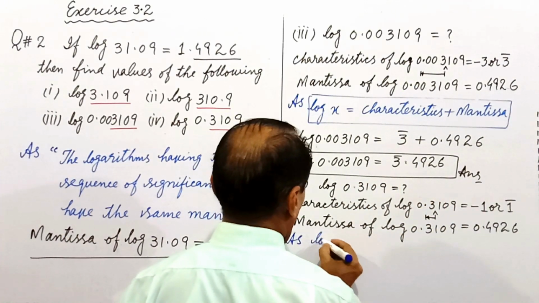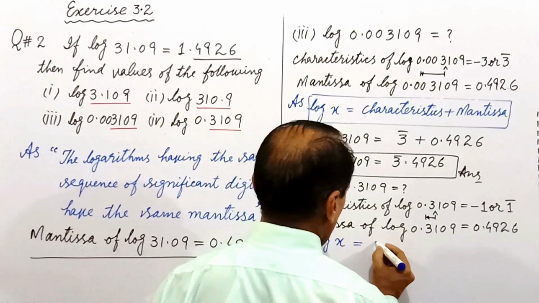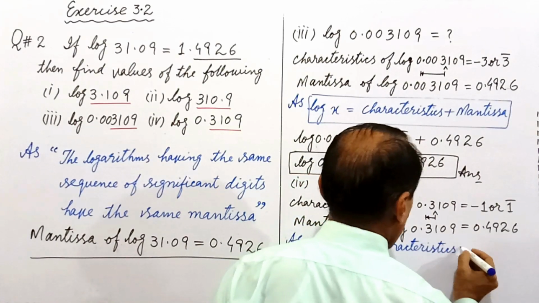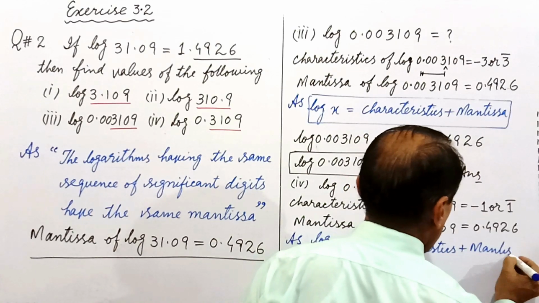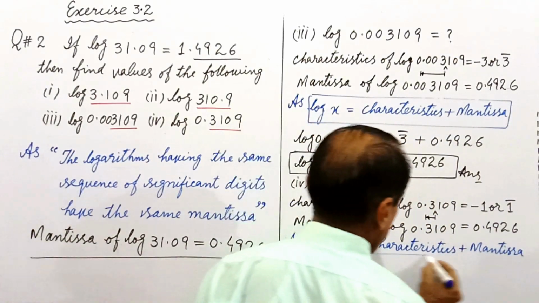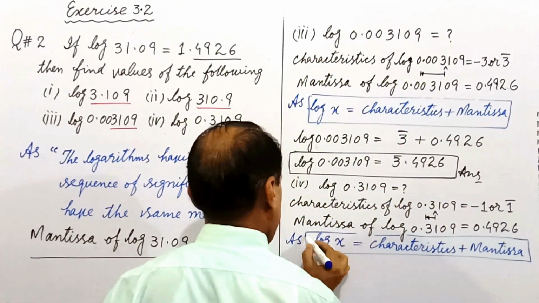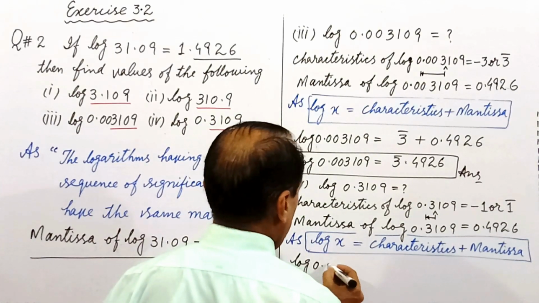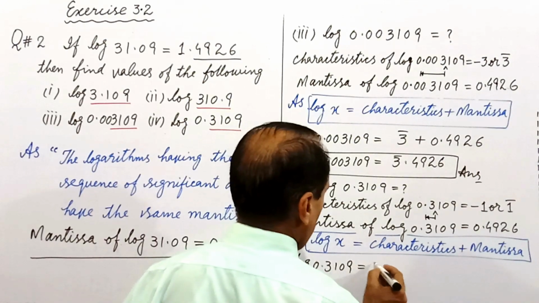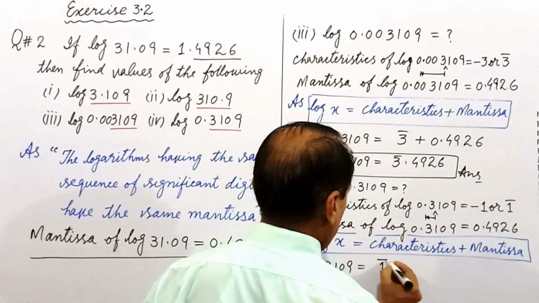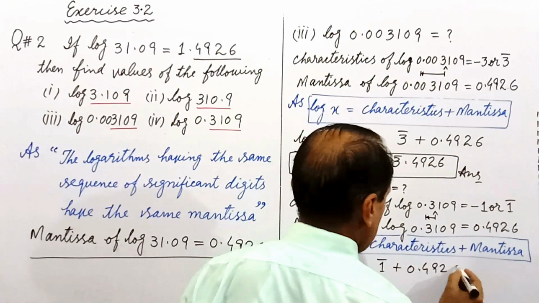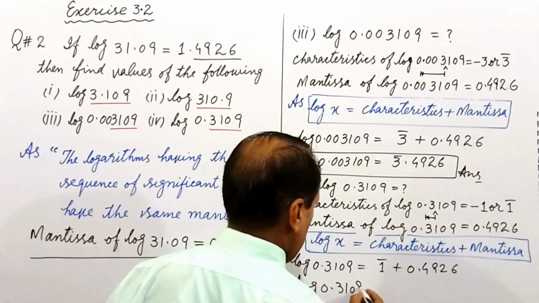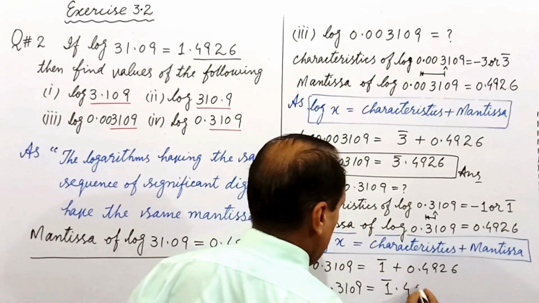As log of a real number is equal to the sum of characteristic and mantissa, by replacing values we have log 0.3109 is equal to 1 bar plus 0.4926, and hence we got the answer: log 0.3109 is equal to 1 bar 0.4926.